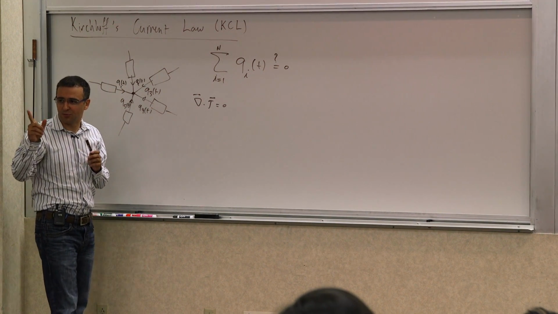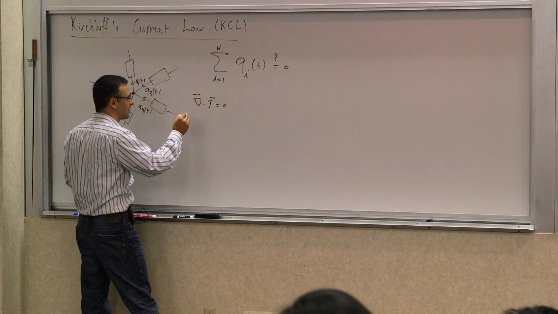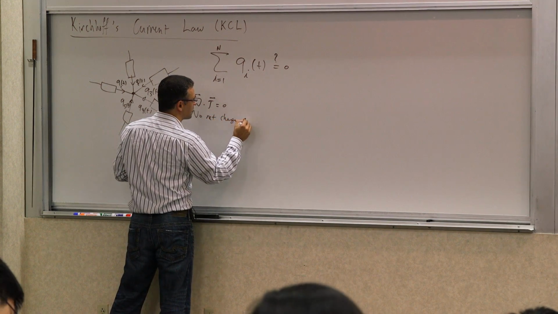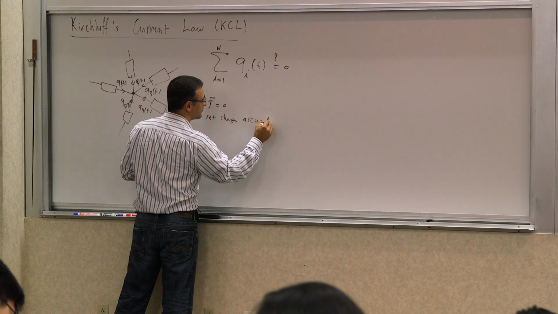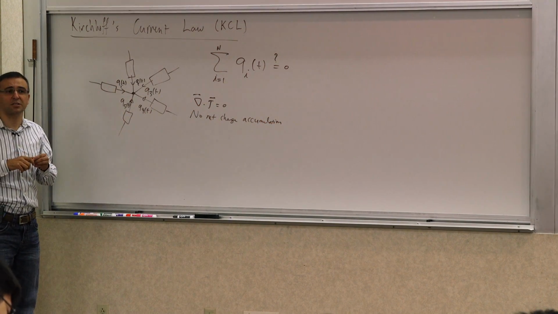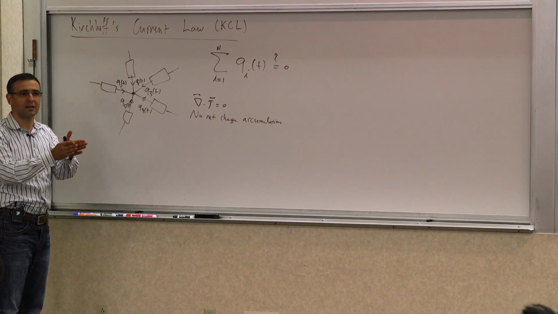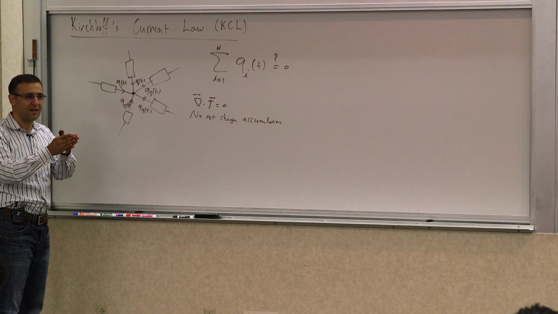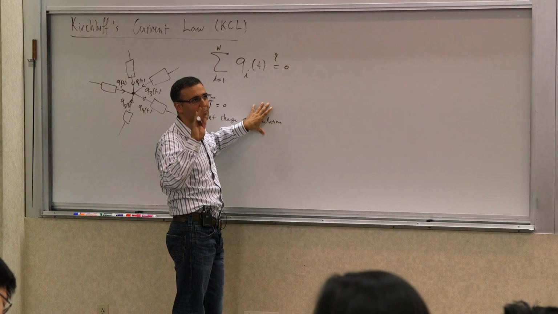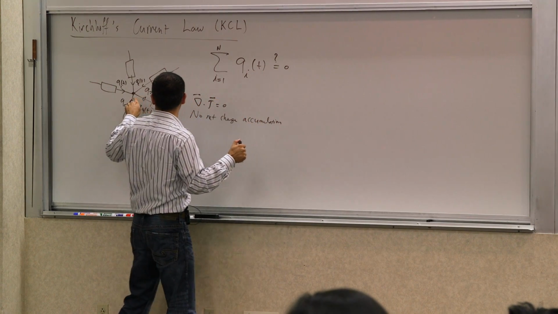Sorry, I should be more precise in talking. No net charge, so I should write that. No net charge accumulation. A capacitor accumulates exactly the same amount of positive charge on one side as it does on the other terminal, negative charge. There are some special cases we need to deal with later on, but again, that's because this node has a capacitance.